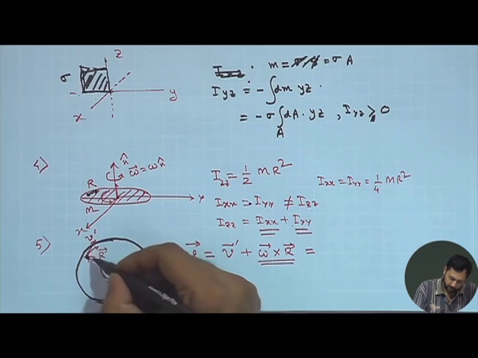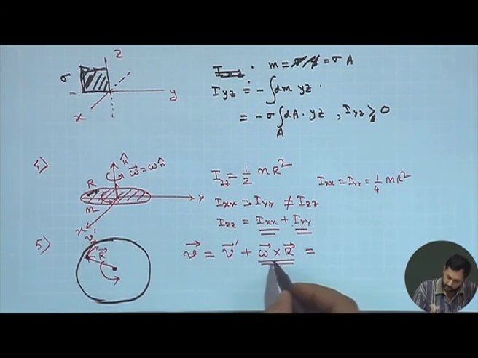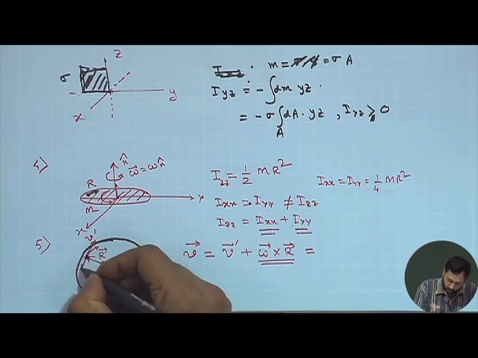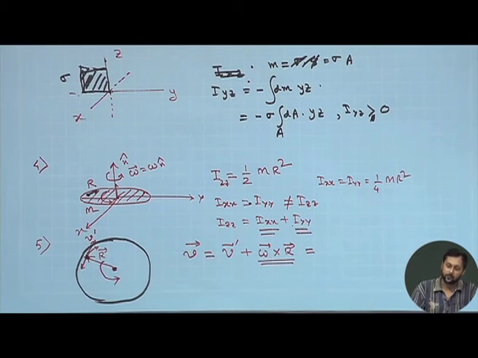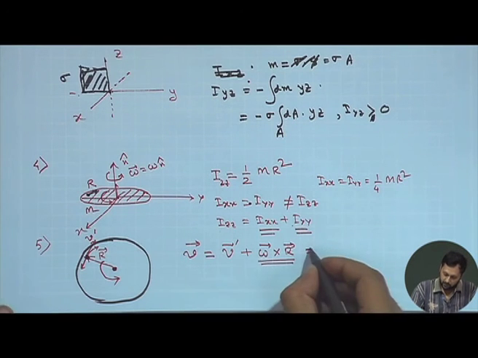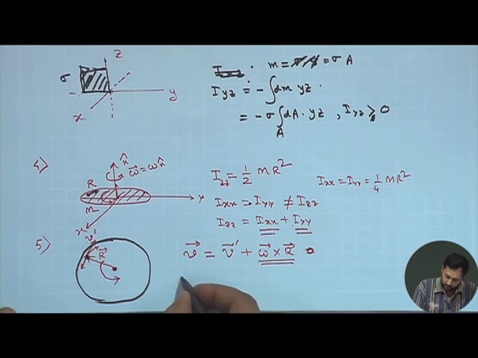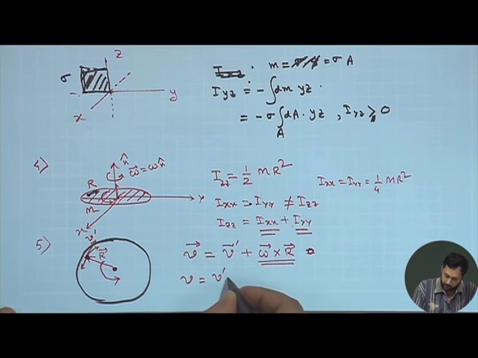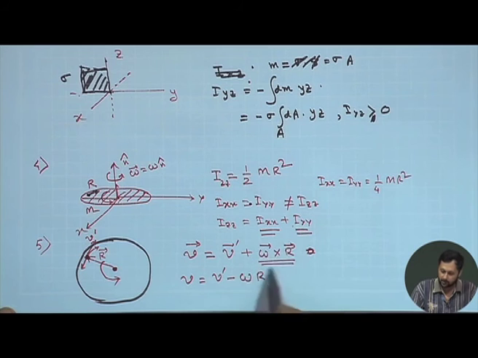That means v prime is perpendicular to r, and you will see that omega cross r will always be in the opposite direction. Okay. So, if I now bring it down to scalar, v will be v prime minus omega r, and as omega and r are perpendicular to each other, omega cross r will be simply minus omega r.